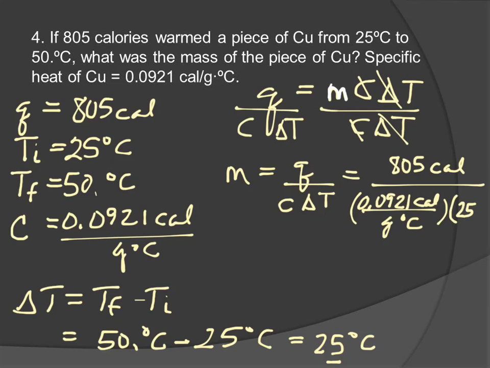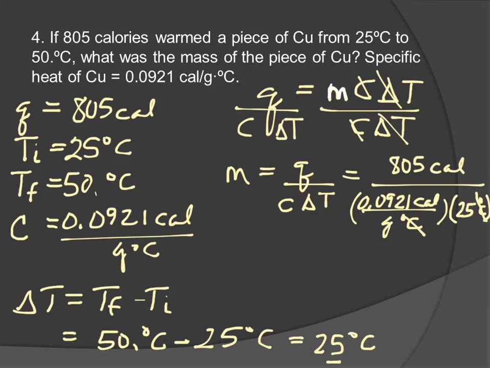25 degrees Celsius. Look at the units. Well, if we just look at the denominator, we have calories over grams degree Celsius times degree Celsius. So the degrees Celsius cancel with each other.